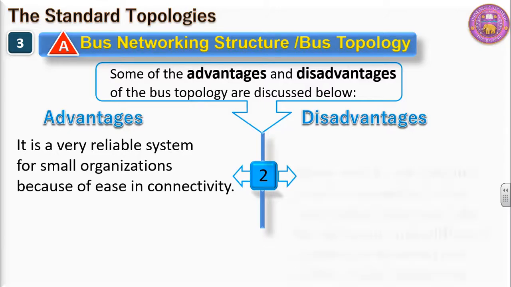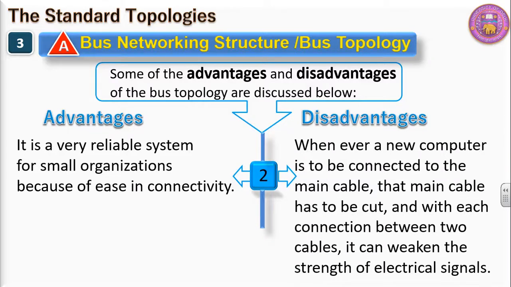Whereas the disadvantage is that whenever a new computer is to be connected, the main cable has to be cut, and with each connection between two cables, it can weaken the strength of electrical signals. It means the more the cuts in the main cable, the weaker it becomes and it will reduce the strength of electrical signals.